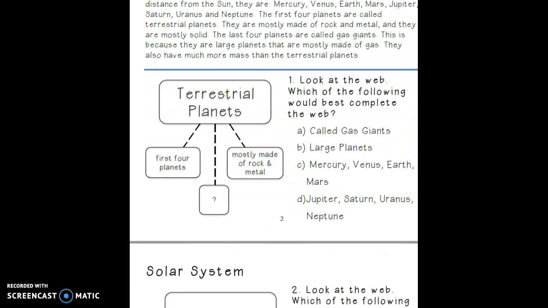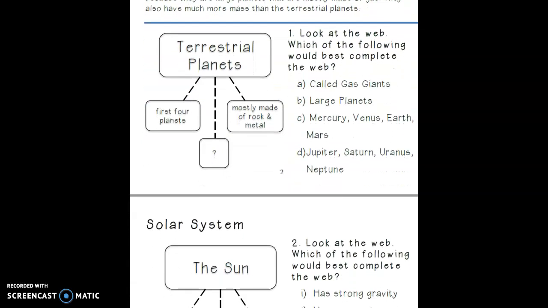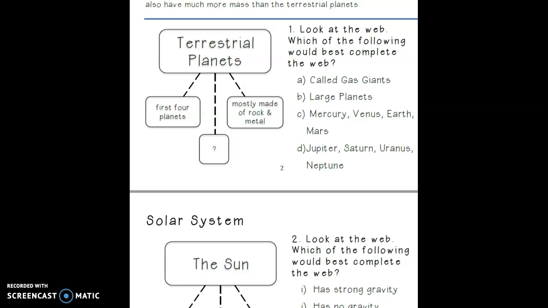All right, so let's look at our first question. It says, look at the web. Which of the following would complete the web? So we see a big box at the top that says terrestrial planets, and then we see 3 lines coming down that have smaller boxes. In the small boxes, we see one that says first 4 planets and one that says mostly made of rock and metal.